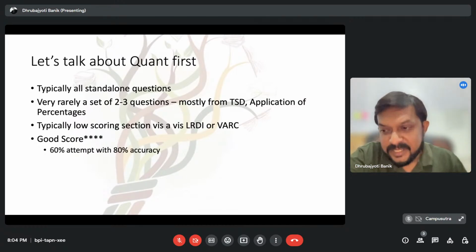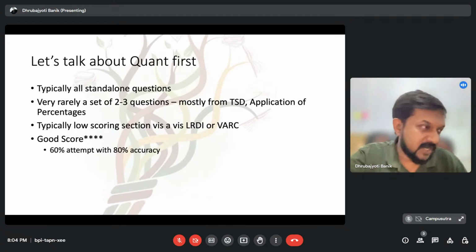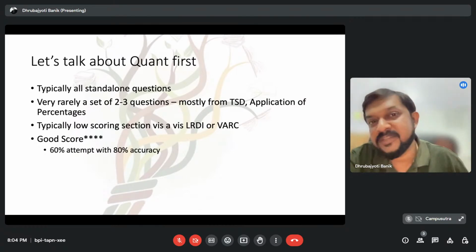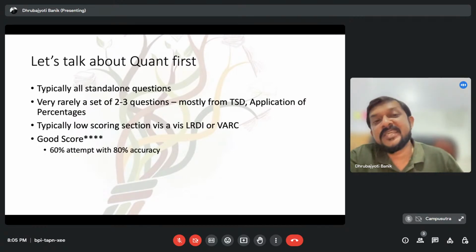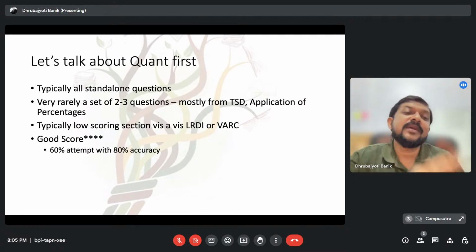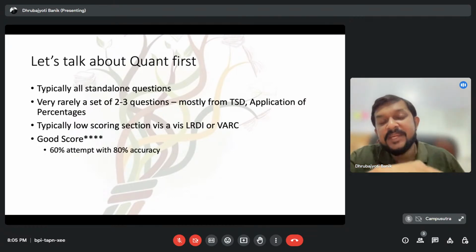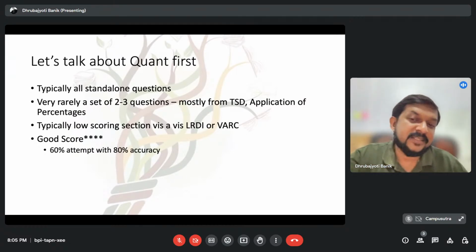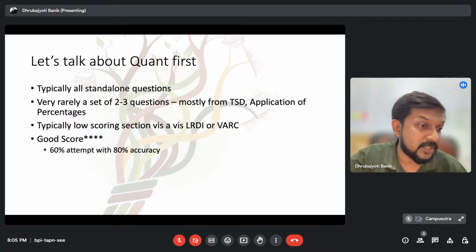Now, the first thing that you need to keep in mind whenever we are talking about the quant section, the full name of the section is Quantitative Aptitude, also known as QA, or Quantitative Reasoning, as is used by some of the schools. Typically, and this is very interesting, neither in the VRC section nor in the LRDI section do we get so many standalone questions.